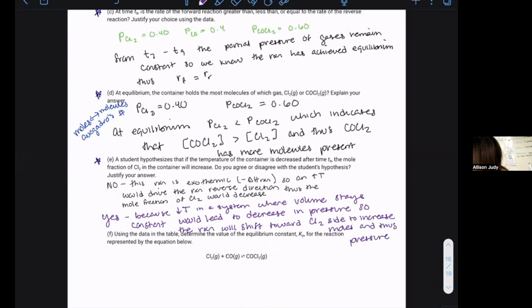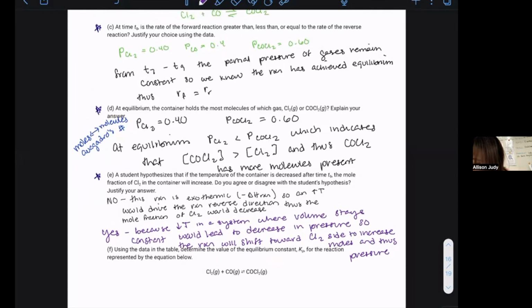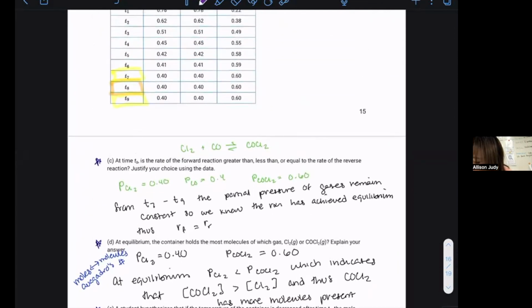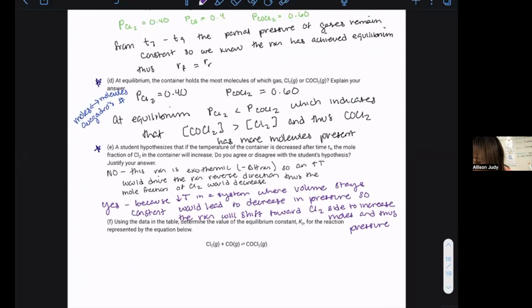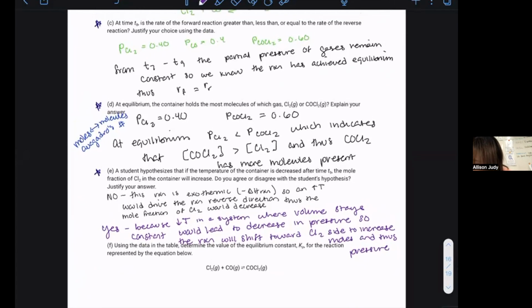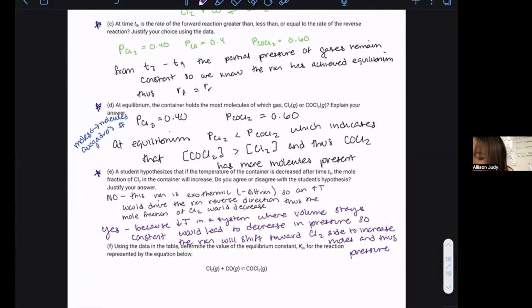And I realized actually, I wrote that in the previous one, no, this reaction is exothermic. So an increase in temperature would drive the reaction. Hold on. I feel like I wrote that slightly backwards. Therefore, the mole fraction would decrease. Inputting the system is decreased. Oh, it's decreased. Ha ha ha.